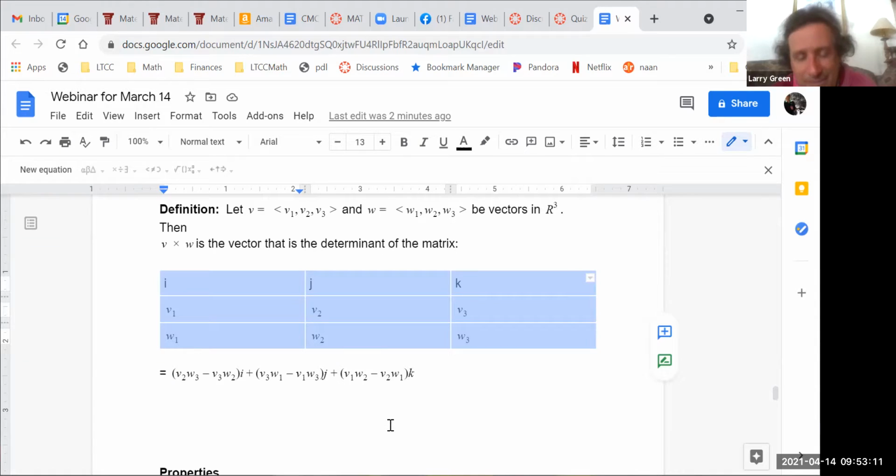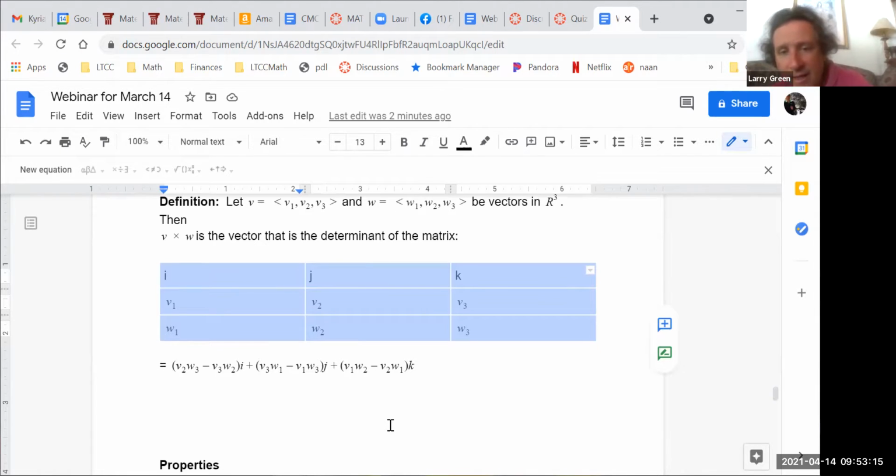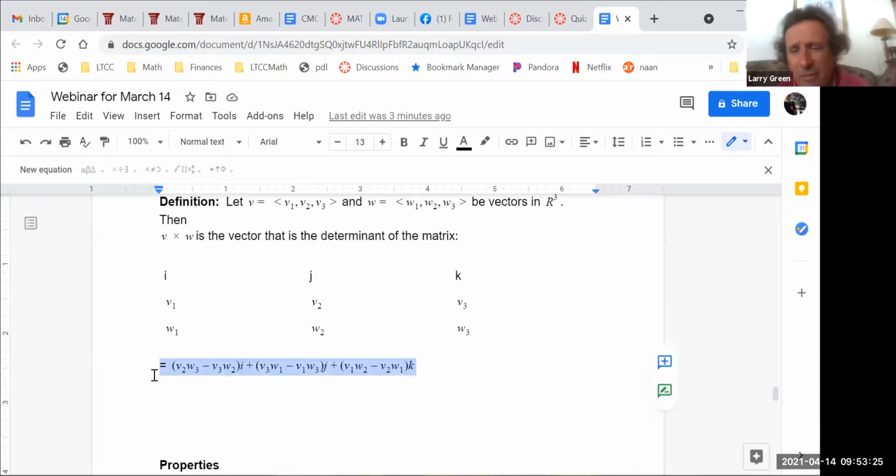And knowing how to find the determinant of a matrix is something you need to do anyway, because that's going to come up in your future, whether you remember it or not. So I strongly recommend using this matrix way instead of jumping to this formula, which is really hard to remember. The matrix is I, J, K, you write the V vector as the first row, and the W as the next row. It's just easy.